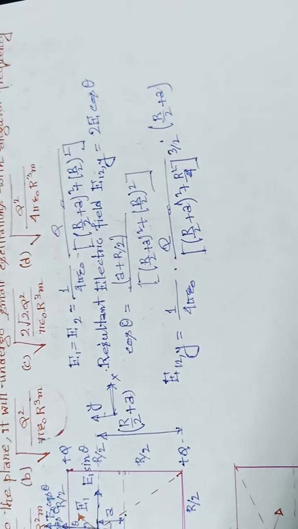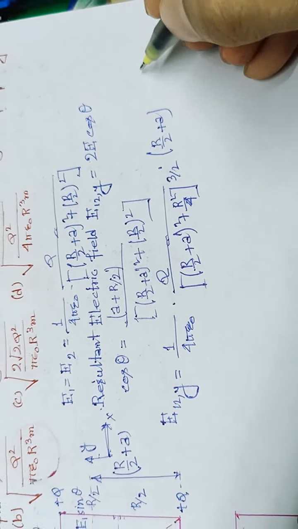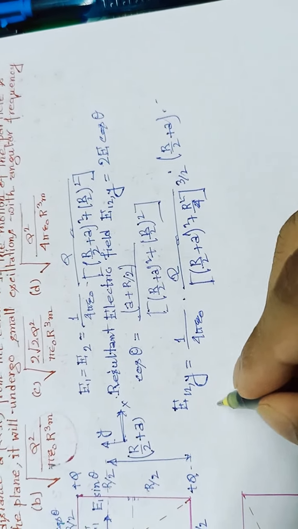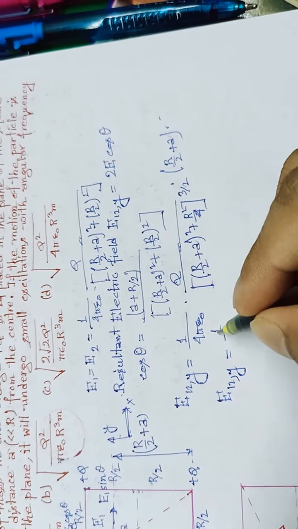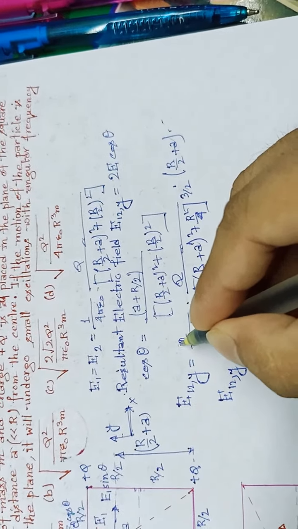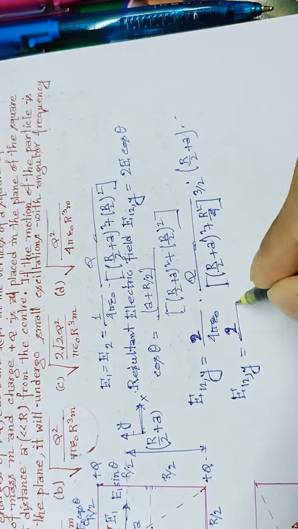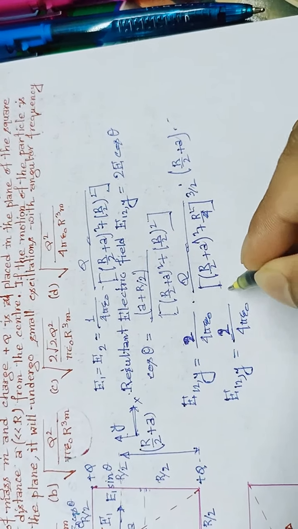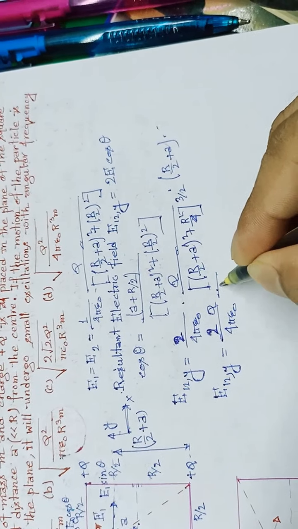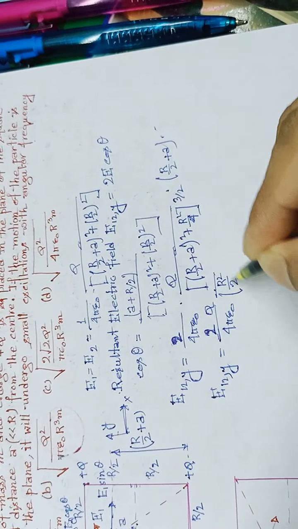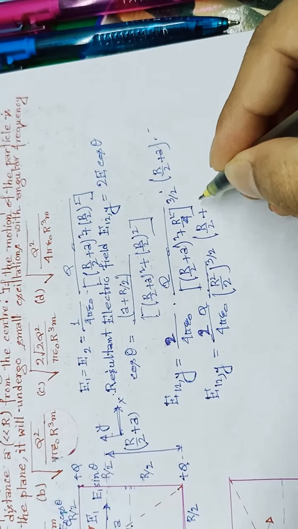Now if this distance a is very small, then we can write E1y approximately equal to 2 divided by 4 pi epsilon naught into q divided by (r square divided by 2) whole to the power 3 by 2, into (r divided by 2 plus a), because 2 is multiplied here.